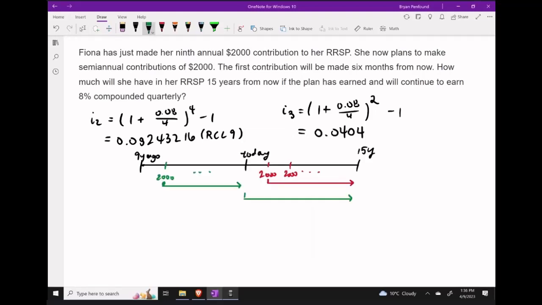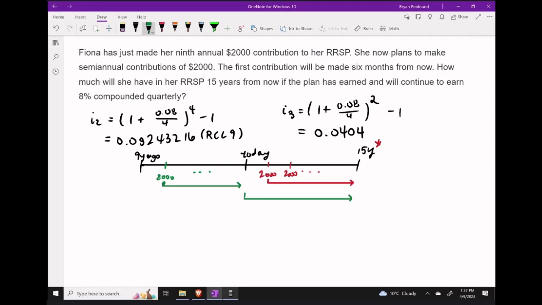Now we're going to take a look at a time diagram to help us figure out how to solve this problem. We know that we're interested in taking the focal point to be 15 years from today. However, we've started with these contributions of $2,000 9 years ago, and we've just made 9 of them as of today's date.